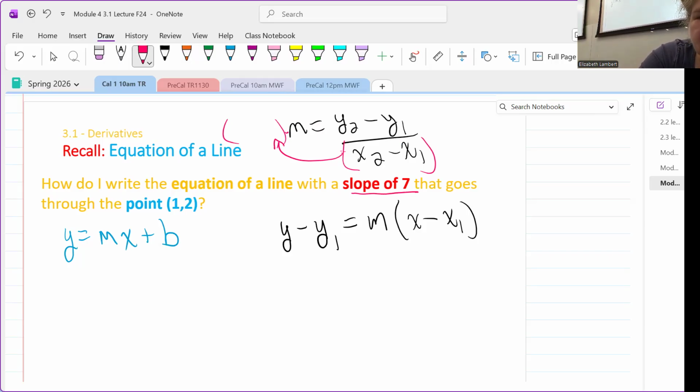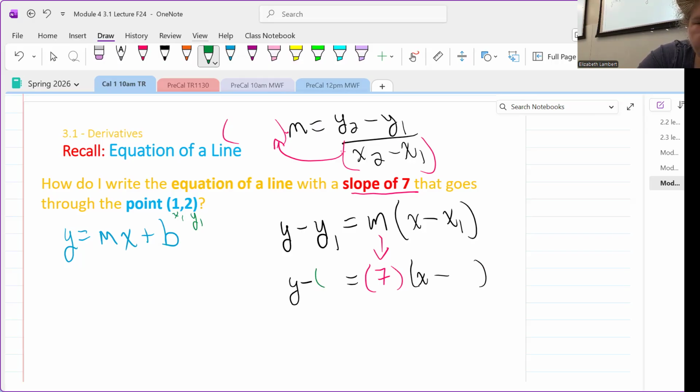All right, so they gave me a slope of 7. So I'm going to shoehorn in 7 in place of the m. And then our point is (1, 2), so that is x1 and y1.